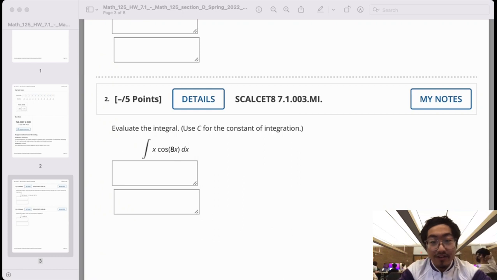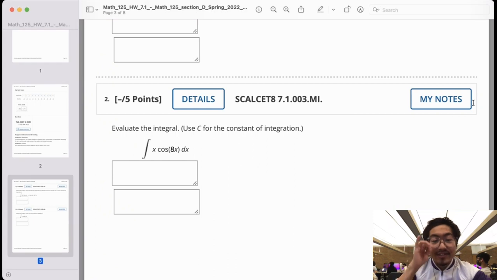If you have any trig function, you just need to be careful. If you find something really complicated, then try again and use the correct u or dv.